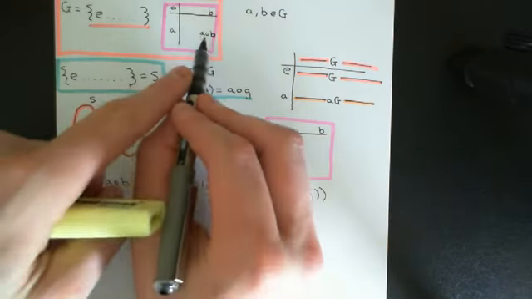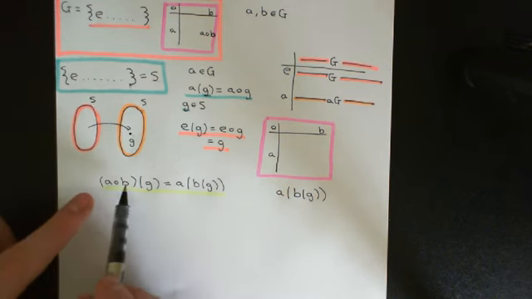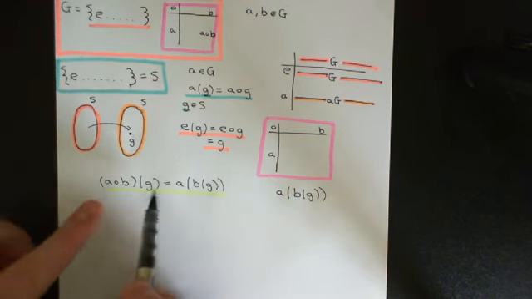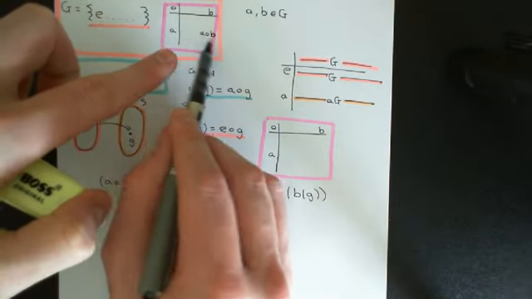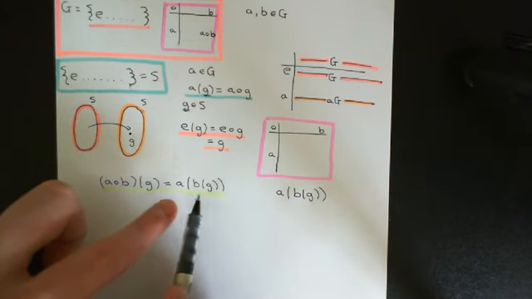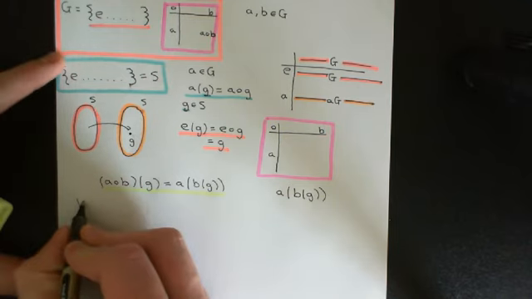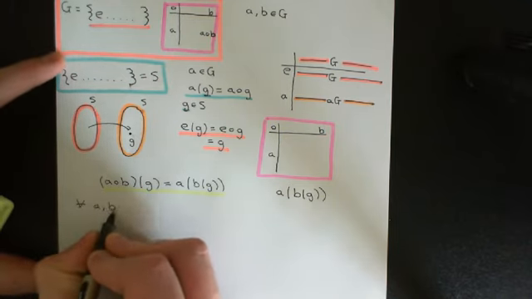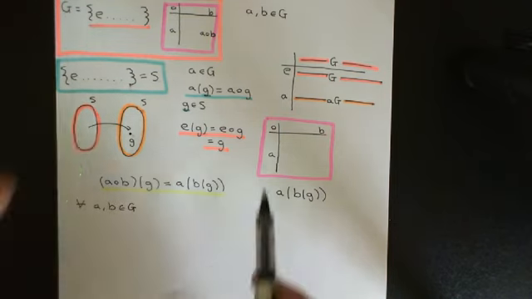If these two are going to be the same, then this set permutation must be the same as the set permutation associated with the answer over there, i.e. a composed with b of g, which is the set permutation associated with our predefined answer, needs to be the same as the set permutation that you get by first doing b and then doing a. So this is what we need to prove, and we need to prove it for all little a and little b elements of big G, and if we can do that, then we're done.